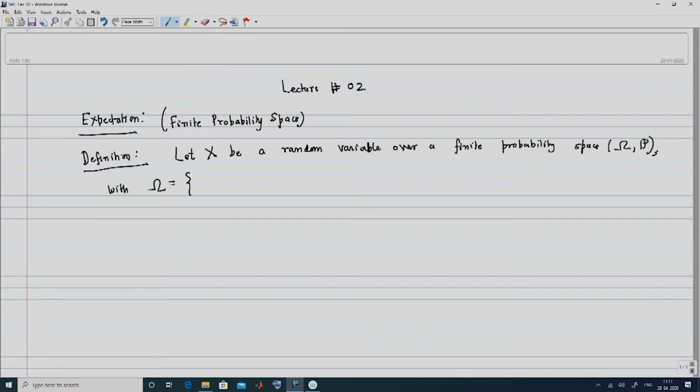Since this is a finite probability space, I take my omega to be comprised of some elementary events omega 1, omega 2 all the way to omega n.